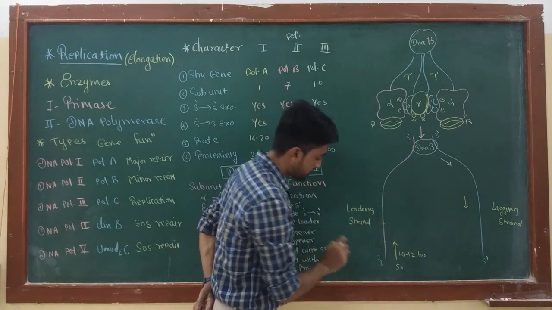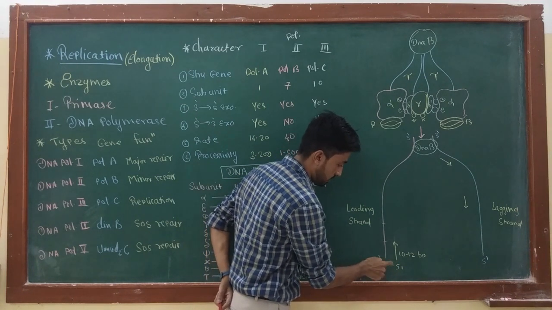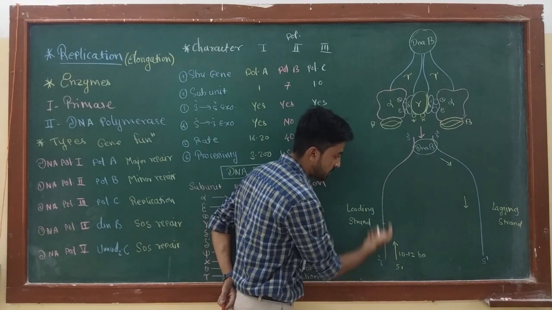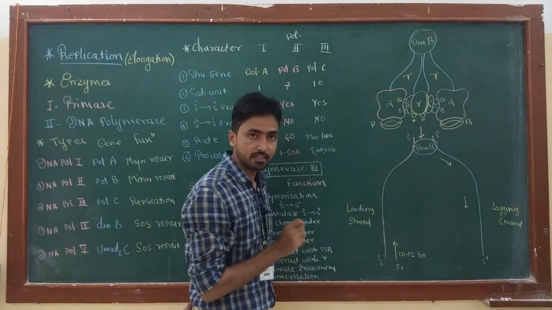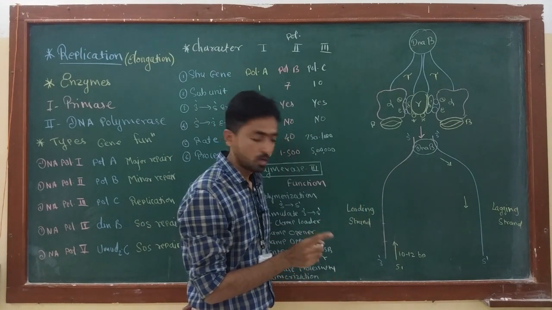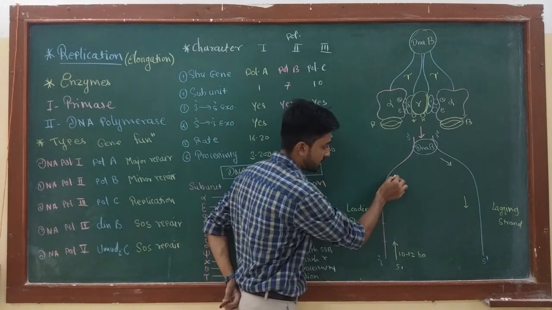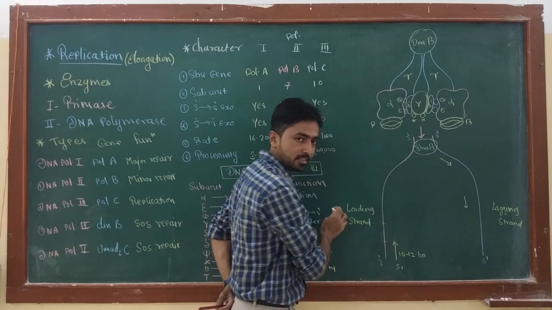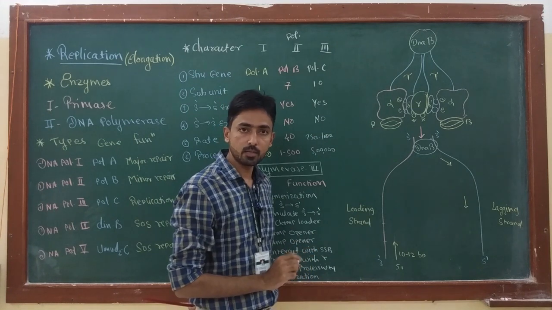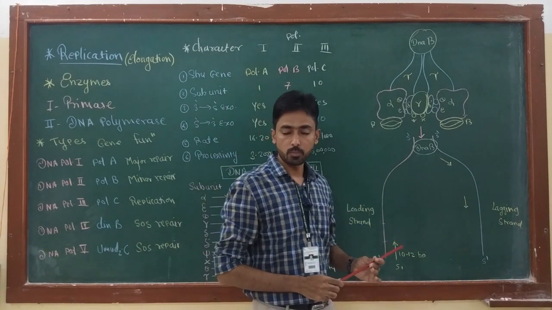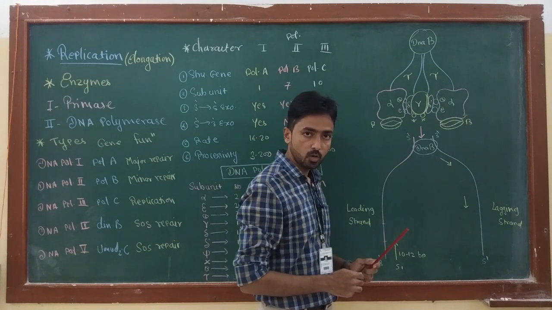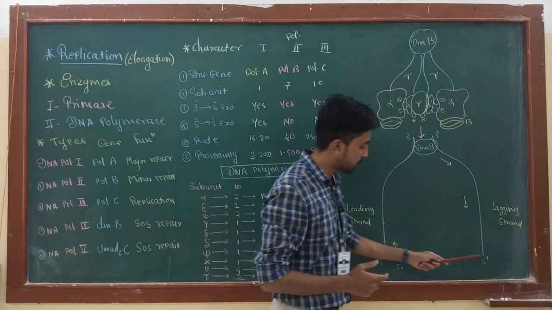This is because the leading strand generally has the right orientation which is required by DNA polymerase. DNA polymerase can synthesize a new DNA strand only in the 5' to 3' direction. So on the leading strand, DNA polymerase requires a single primer, while on the lagging strand, multiple primers are required, because on the lagging strand, the polarity of the template strand is 5' to 3'.